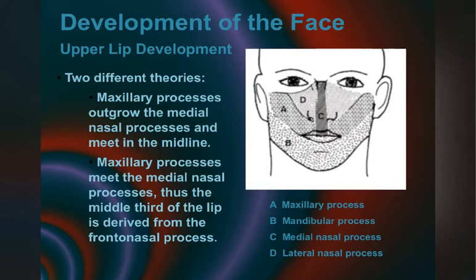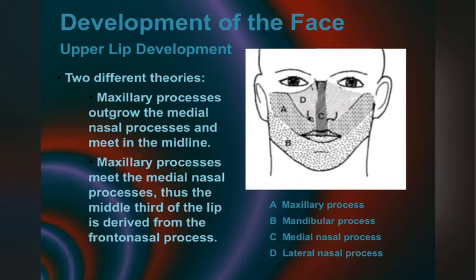We have two different theories for the upper lip development. Maxillary process outgrow the medial nasal process and meet in the midline. This is not the most accepted theory. The most accepted theory is this one.